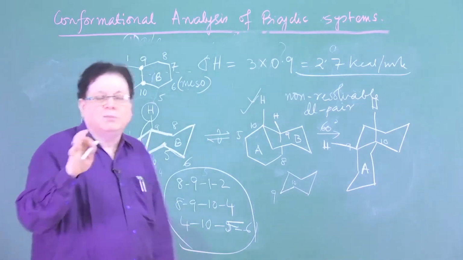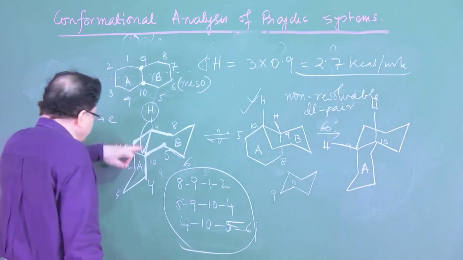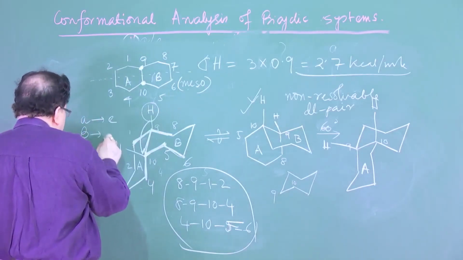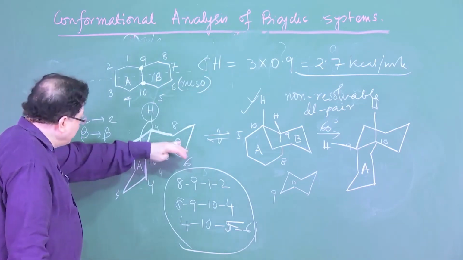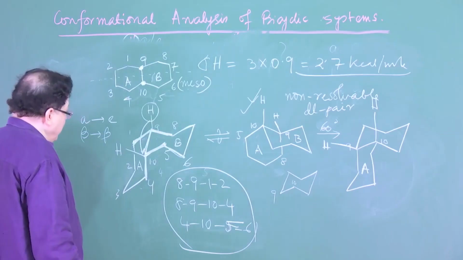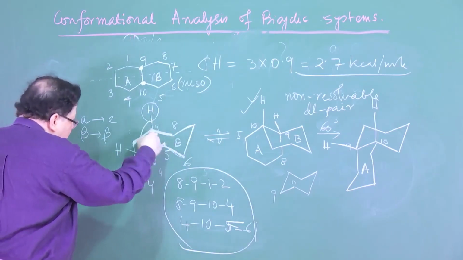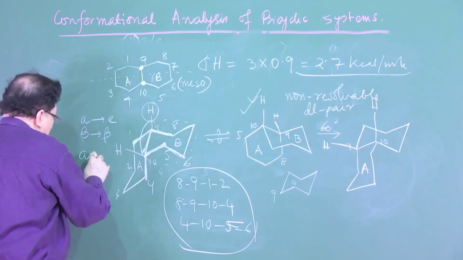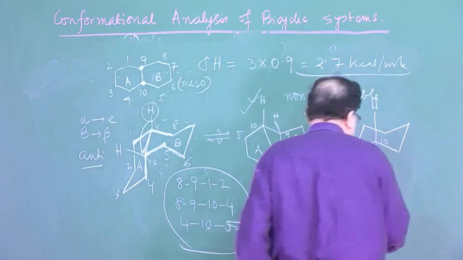The substituents we are talking about are the hydrogens attached at 9 and 10, and that also makes us go from a beta bond to a beta bond. Remember, all these are with respect to ring B, and the direction is also with respect to ring B. You complete this pathway like this, so that makes it anticlockwise.